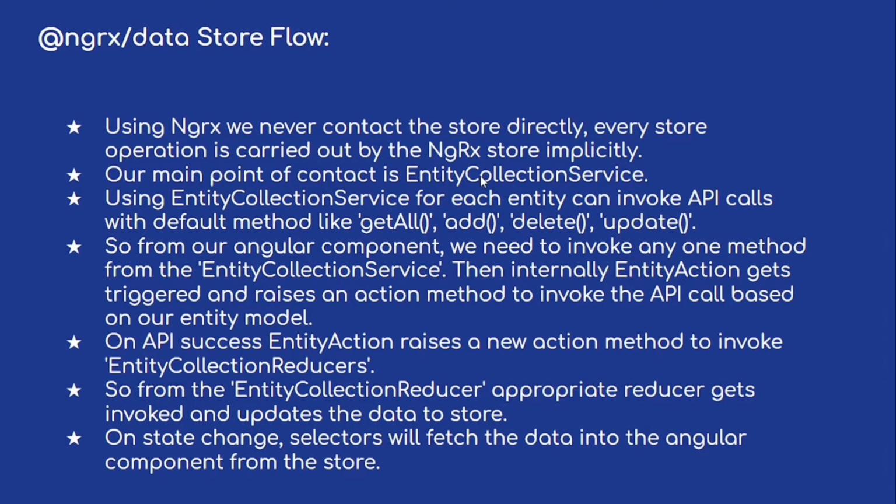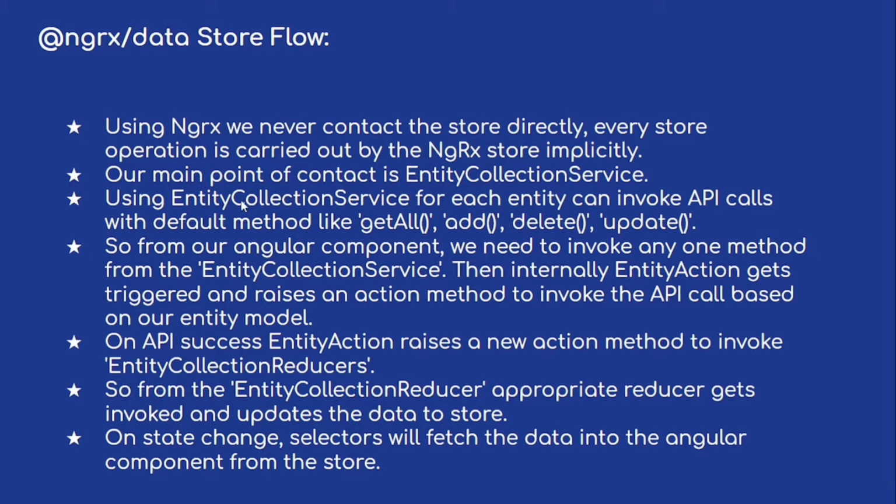So this is from the code point of view. The entity collection service is a class provided by NgRx data. Using this class, we have to communicate. The methods are predefined properties inside this entity collection service. When we use them inside a component, the appropriate action methods, reducers or selectors get invoked.